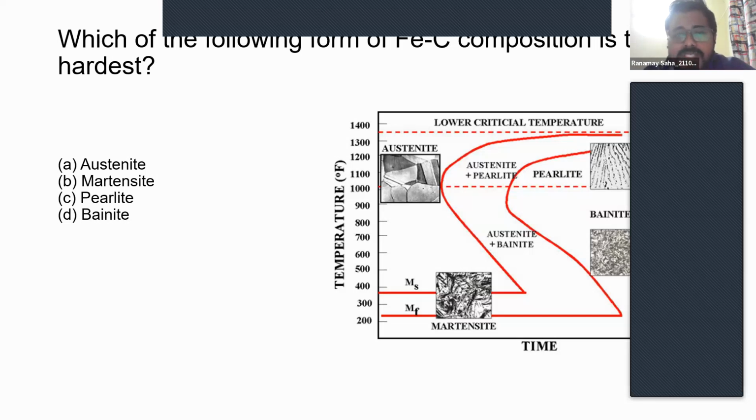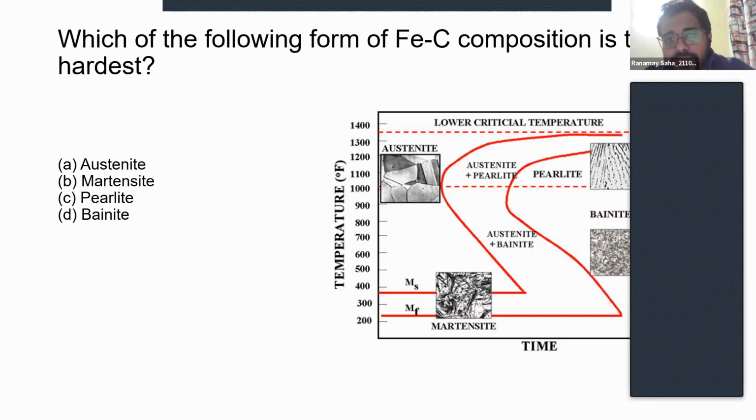There are new crystals being formed. There is nucleation at a particular point, a nucleus of a crystal is formed, and from that it keeps on spreading, and new crystals of another phase start forming. So when a high cooling rate is used, we directly get martensite.